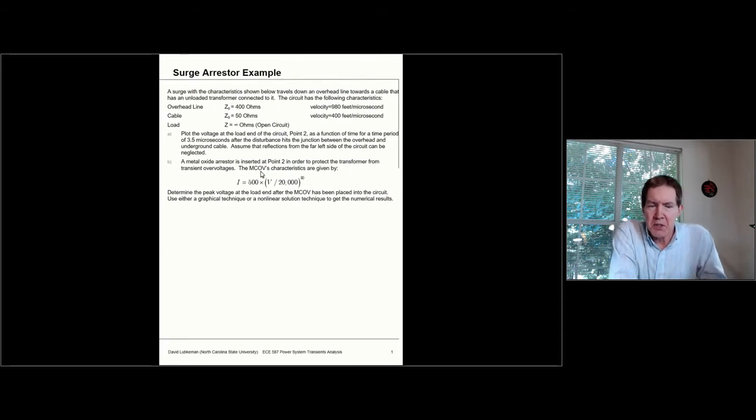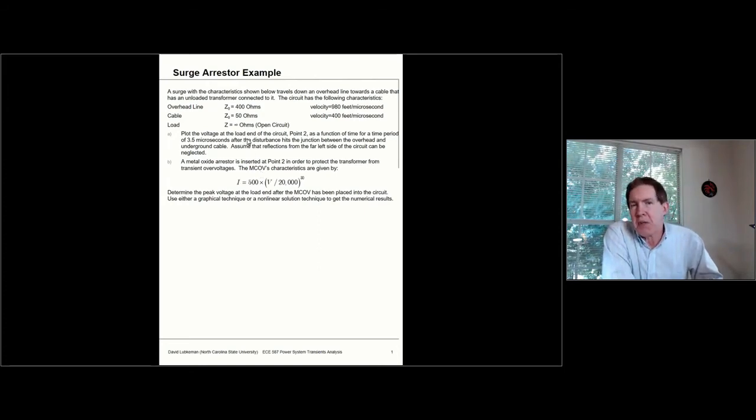So when I go back to the problem statement, what I want to do is plot the voltage at the load end at point number 2. And then I want to do this with and without the surge arrestor so I can see what the benefit would be. For the surge arrestor, I've got the IV characteristics such that the reference voltage is 20,000 volts.